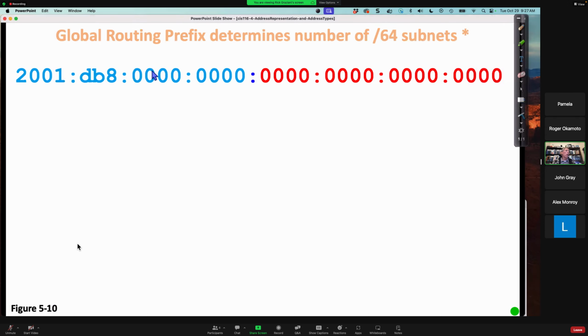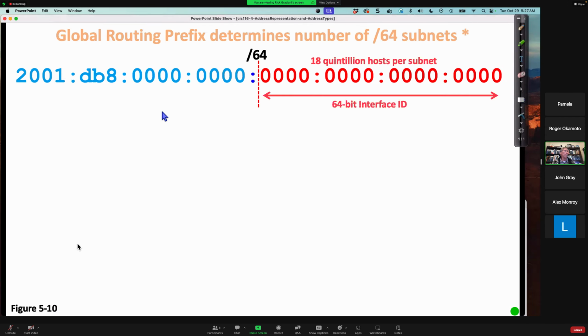Okay, so global routing prefix. This is how the ISP sees you. So first of all, remember the last 64 bits, those last 4 hextets, is the interface ID. So that's reserved. So we know the other 4 hextets is going to be the network portion, the prefix. It's going to be divided between our global routing prefix and a subnet ID.